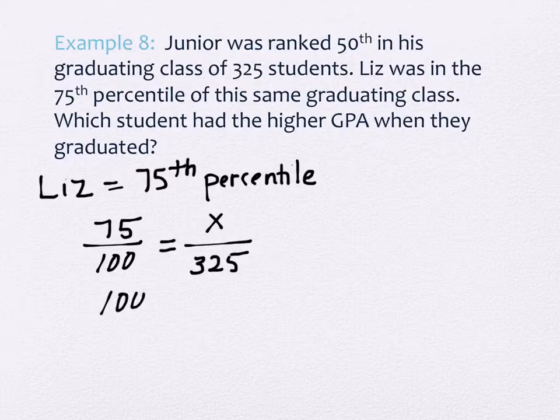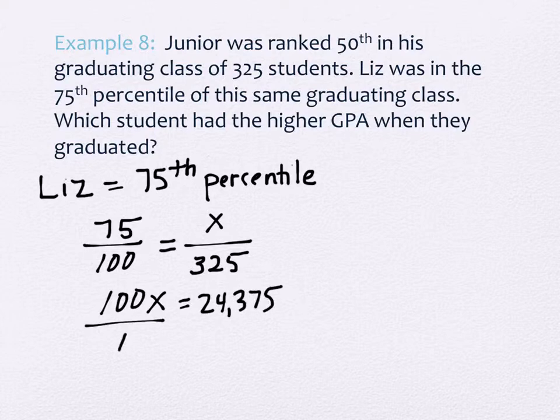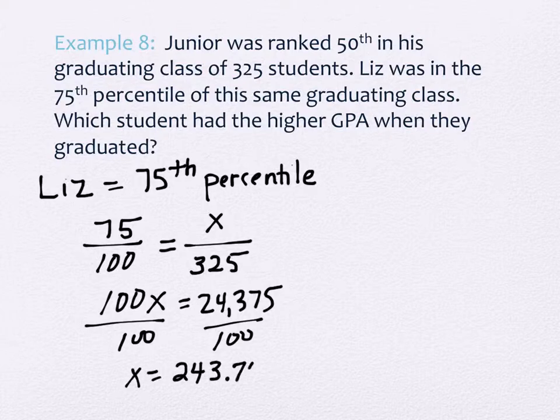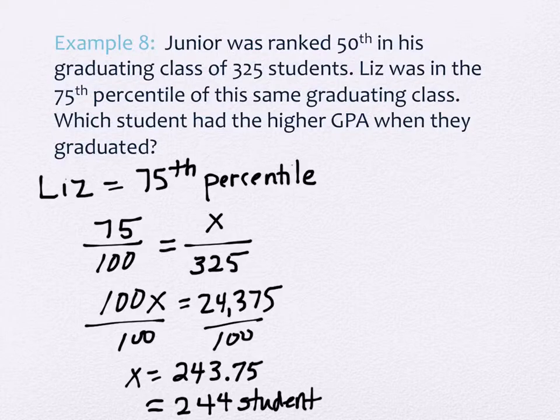So we're going to have 100x, and then we're going to take 325 times the 75 to give us 24,375, divided by 100 gives me 243.75. And we'll round, so this is approximately 244. So there are 244 students below Liz.